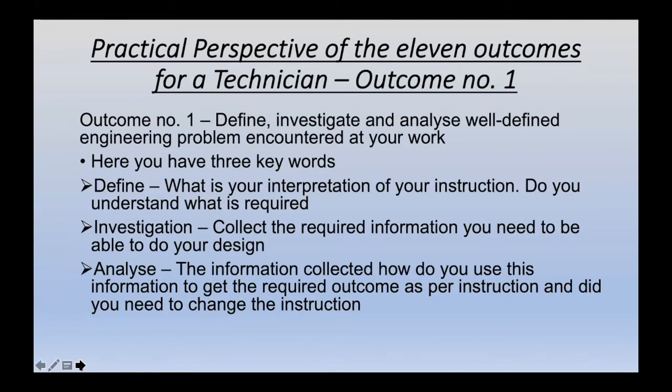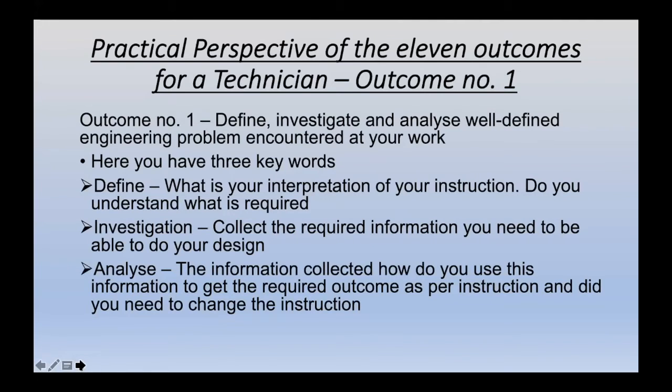Okay, practical perspective of the 11 outcomes for technician. Outcome number 1 states: define, investigate, and analyze well-defined engineering problems encountered at your work. Here you have 3 keywords, and you must remember them. Define: what is your interpretation of your instruction? Do you understand what is required?